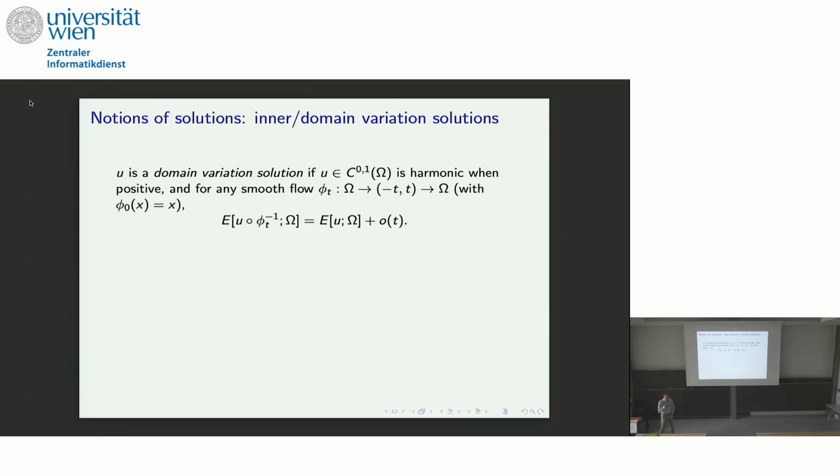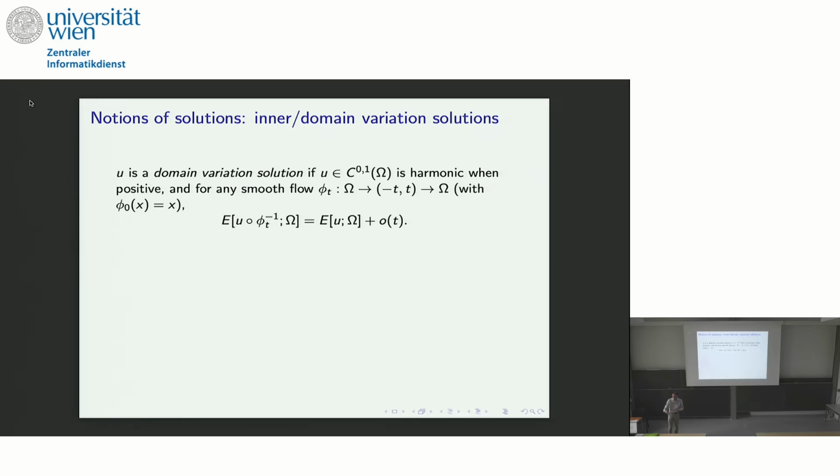Well, if we're not happy with that, how about domain variation solutions? Like in some geometric problems, like harmonic maps, it's common to distinguish between doing domain variations and doing target variations. And so here I will instead only allow variations which are given by pushing forward the function under a flow. And then it has to be a critical point with respect to those kinds of deformations.